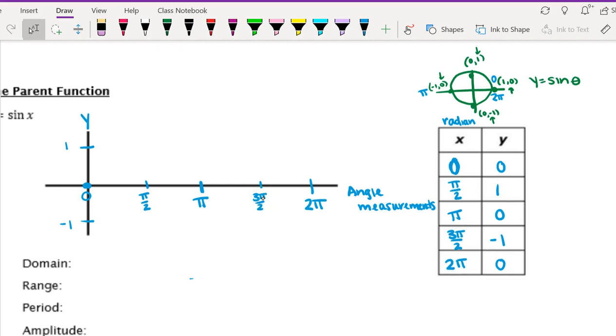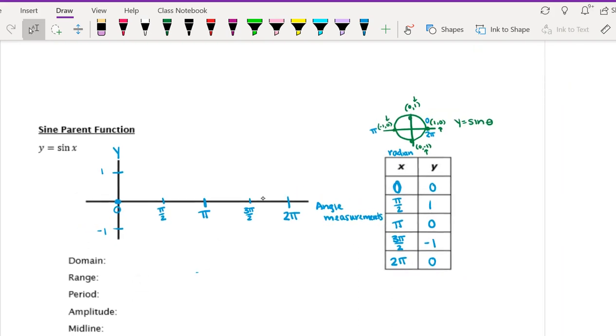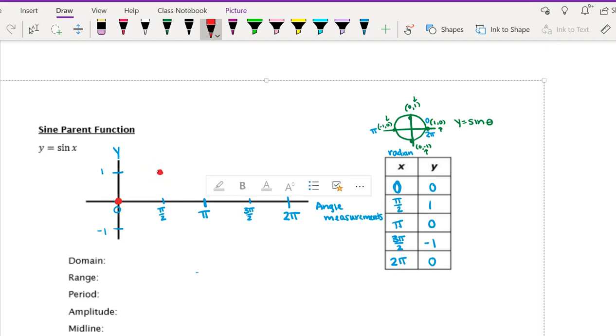You're going to notice that we do the same process for almost all of our graphs, where I want 5 key points to graph a function. In this case, for sine, 0, 0. Then at pi over 2, I'm up to 1. At pi, I'm back to 0.